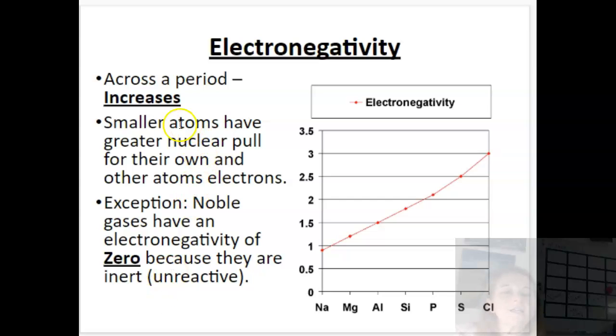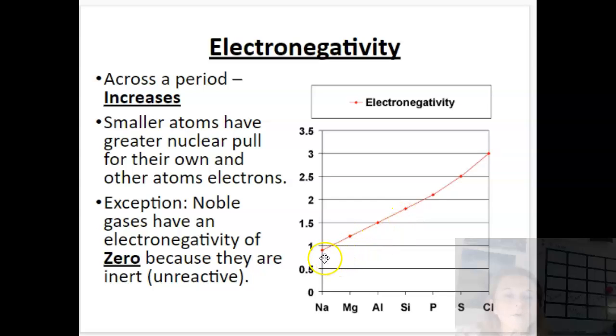And that is because there is that greater nuclear pull. We're going back to adding those protons, right? As we look across this 3rd energy level here, sodium, magnesium, aluminum, silicon, and so on, each one of these, all their valence electrons are at the 3rd energy level, and we are adding a proton with each one of them, right?